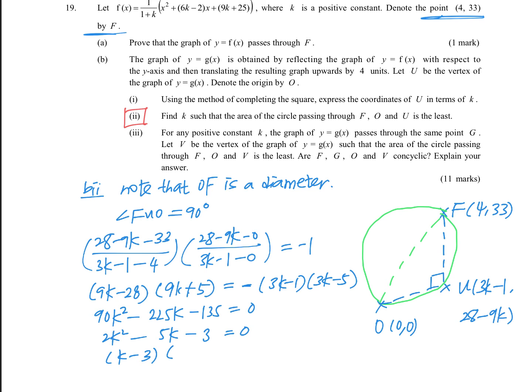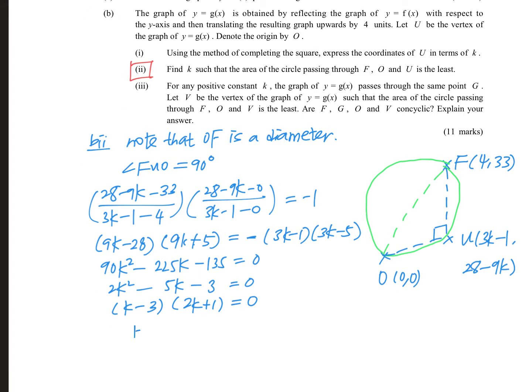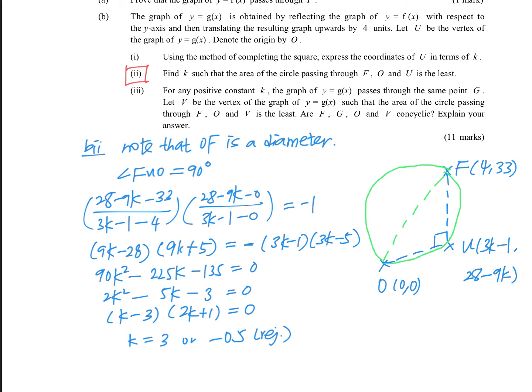So (k minus 3)(2k plus 1) equals 0. And then at the end, k equals 3 or negative 0.5. But don't forget at the top, k is a positive constant, so negative 0.5 is rejected. So that would be B2.